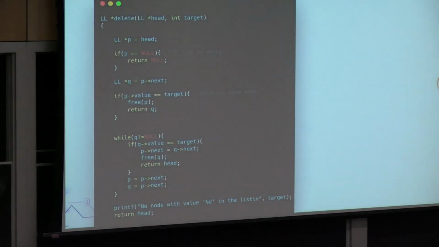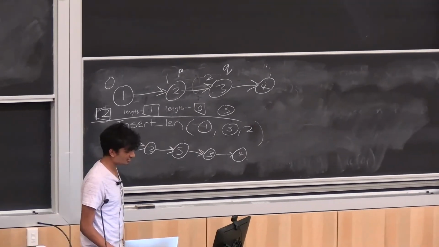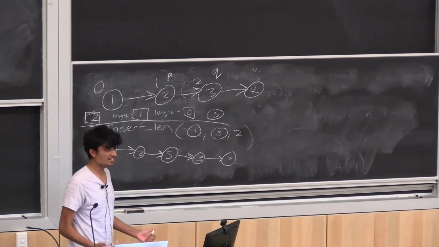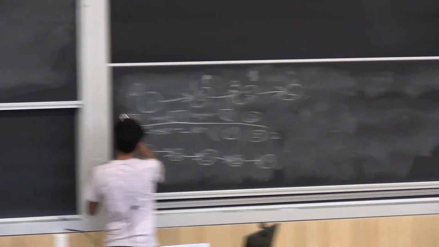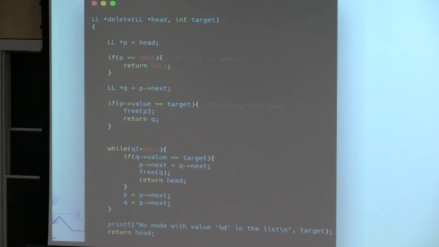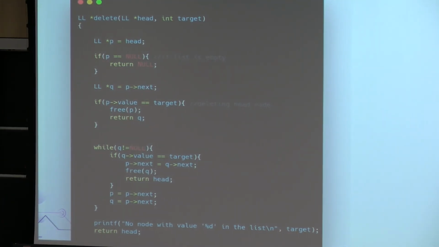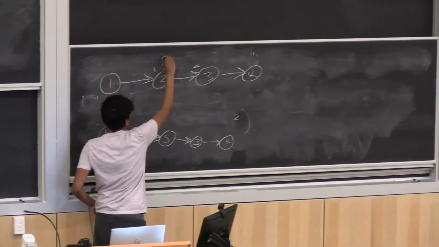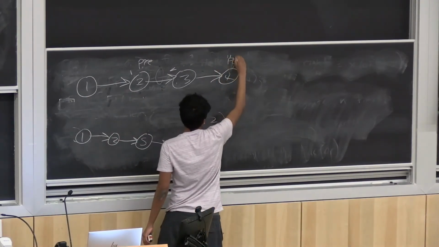So delete, in the same way, is very similar to insert in this case. It uses almost the exact same logic, but instead of just inserting an element here, once we reach our target node, we keep a pre-pointer. So for example, if we wanted to delete 3 here, we would have our pre-pointer at 2, and then our post-pointer at 4.